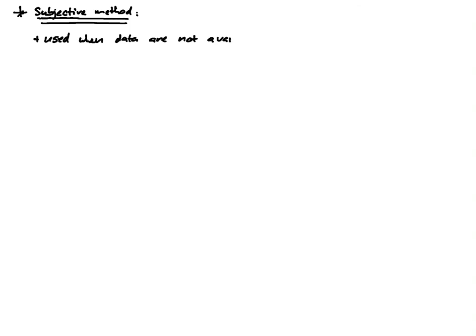So we use this method when data are not available and we can't assume equally likely outcomes.